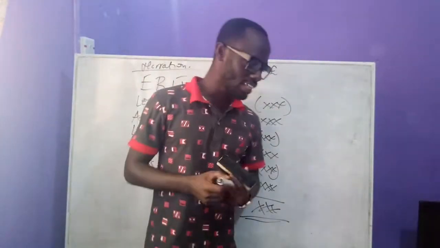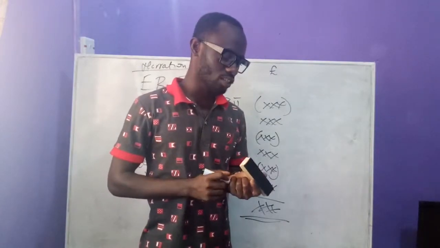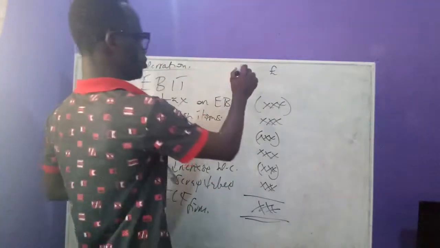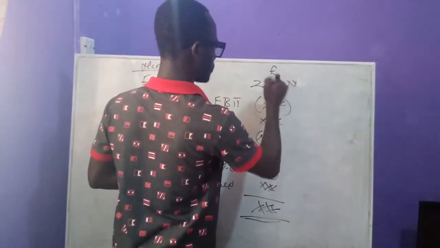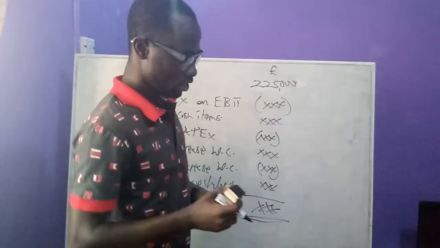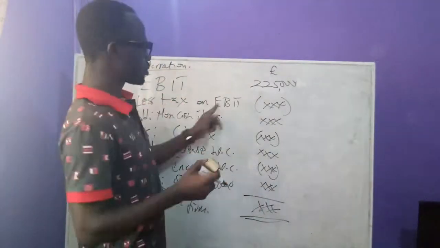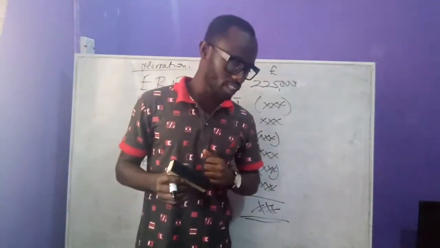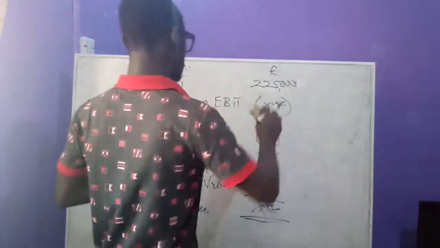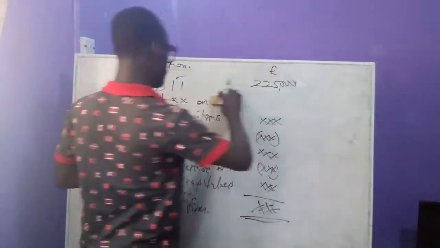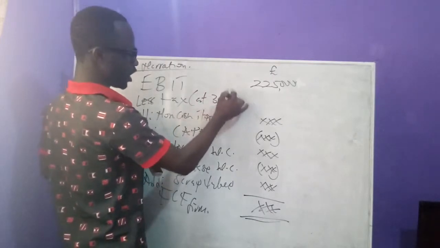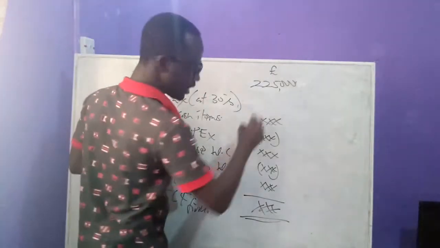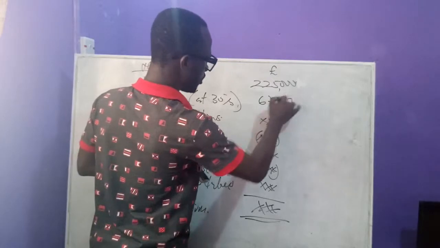So Nhyira Limited has earnings before interest and tax of 225,000. So that's the earnings before interest and tax. Then we said less tax on the earnings. We are told that the company pays a tax of 30%. So less tax at 30%. 30% of this figure gives us 67,500.